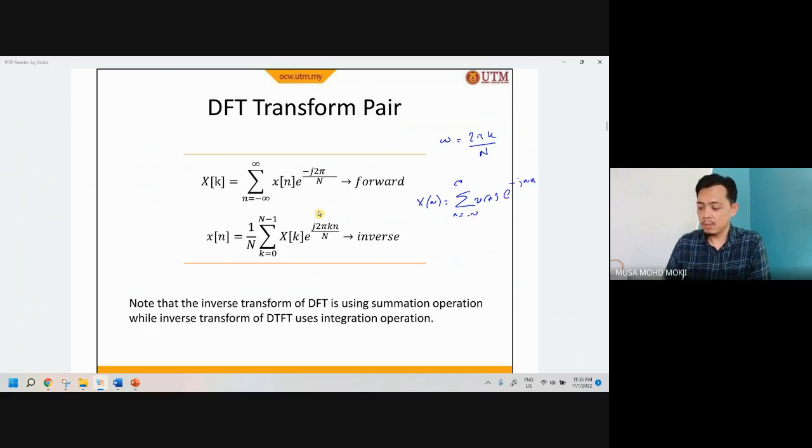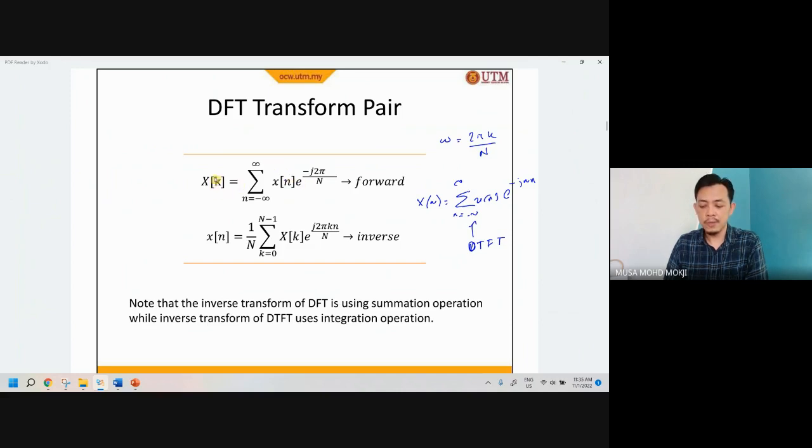This is the DTFT. So what we do is replace this omega with 2 pi k over N. This is what you get now.